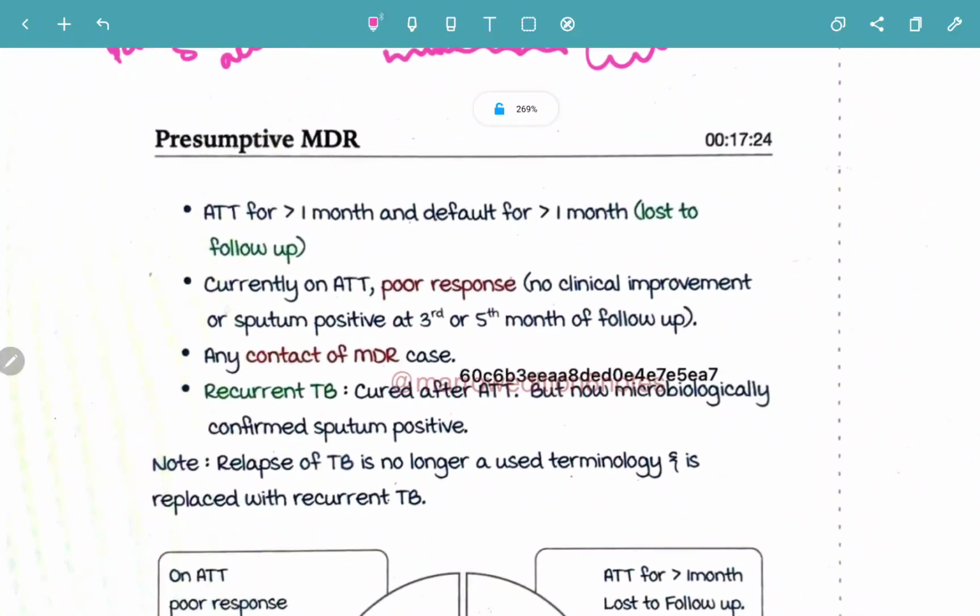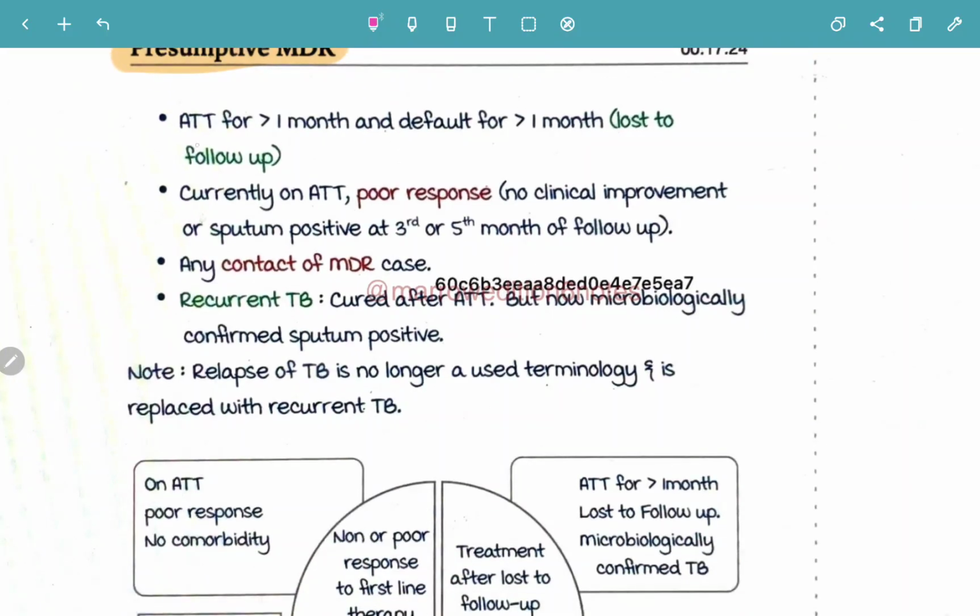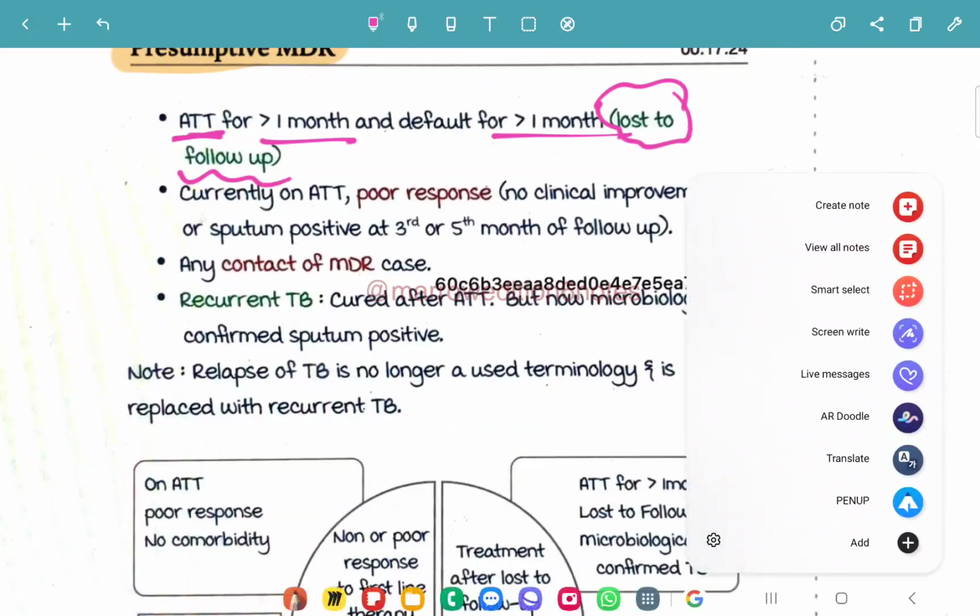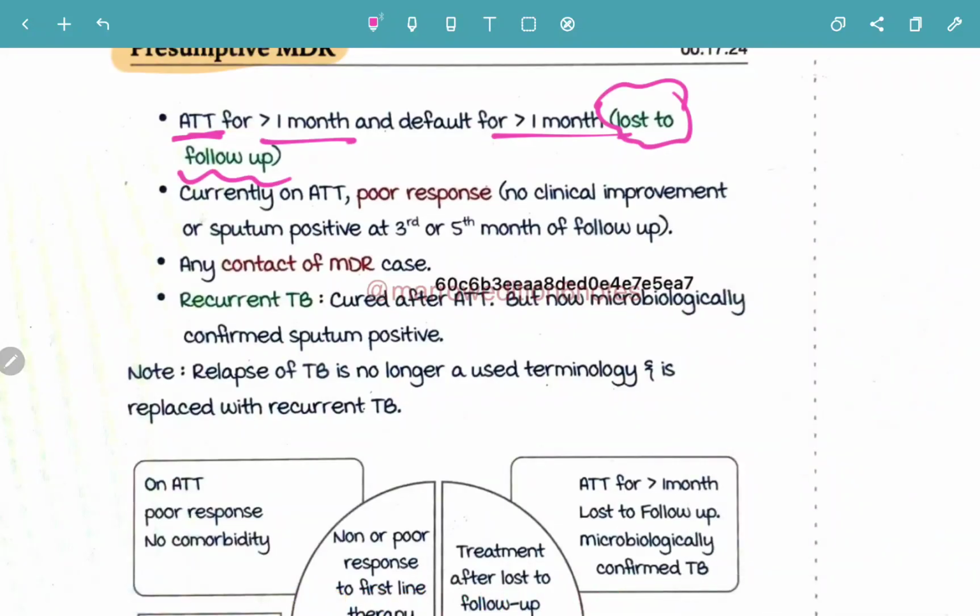Now let's move on to presumptive MDR. So what do you mean by presumptive MDR? Presumptive MDR case means anti-tubercular therapy for more than 1 month and default for more than 1 month, that is, lost to follow up. So it is a lost to follow up case.